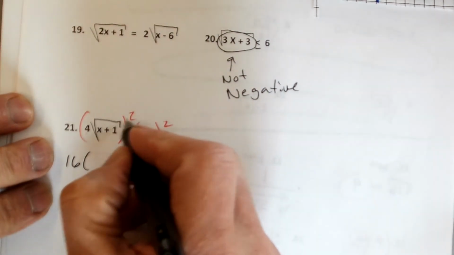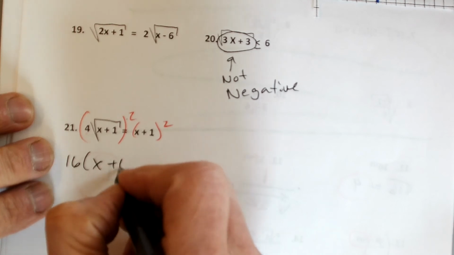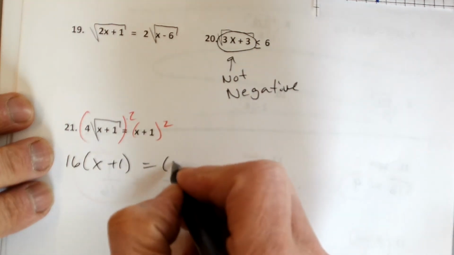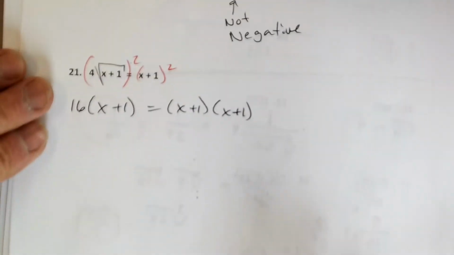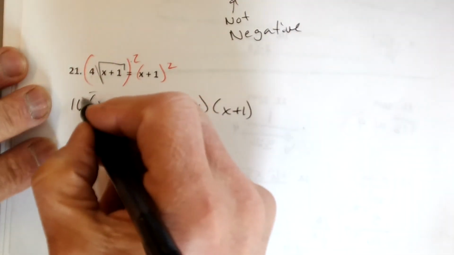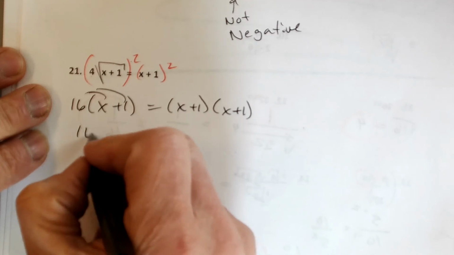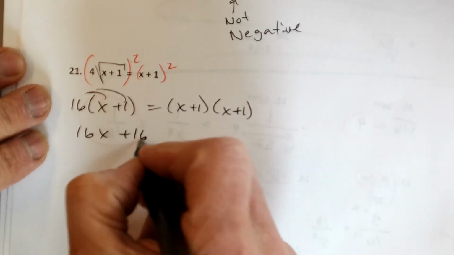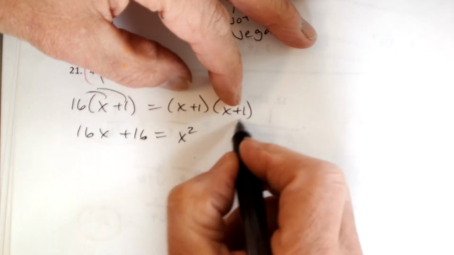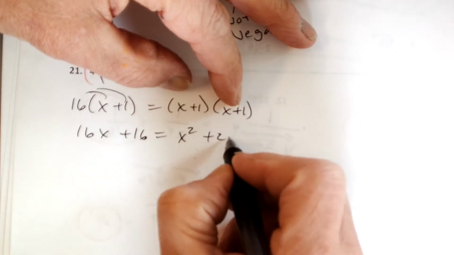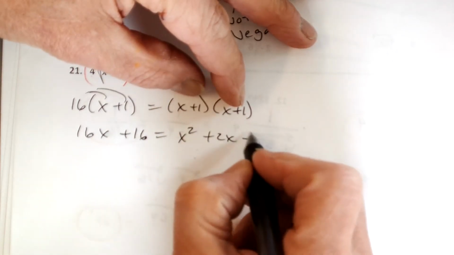The square cancels the square root, so I get 16 times x plus 1 equals x plus 1 times x plus 1. Then I'm going to distribute: 16x plus 16 equals, well, I'm going to FOIL this, x squared plus 1x plus another 1x makes 2x, plus 1 times 1 is 1.